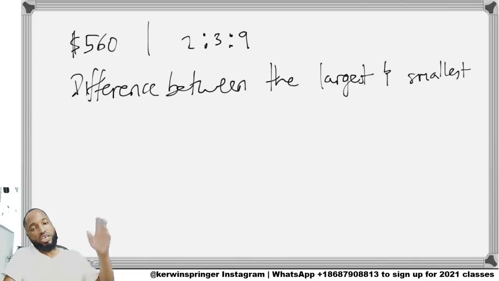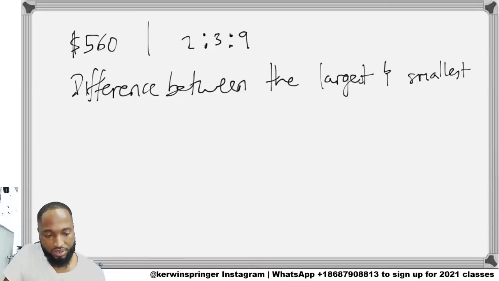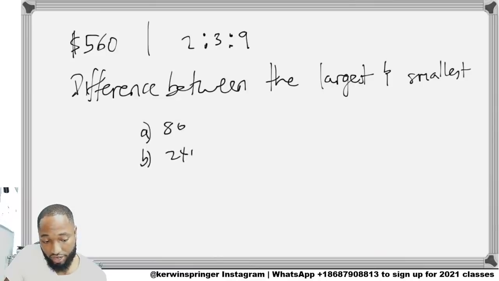So you have 560 and sharing it up in that ratio. What's the difference between the largest and the smallest share? Is it 80? Is it 240? Is it 280? 280 feeling like a nice number to put. Is it 360?